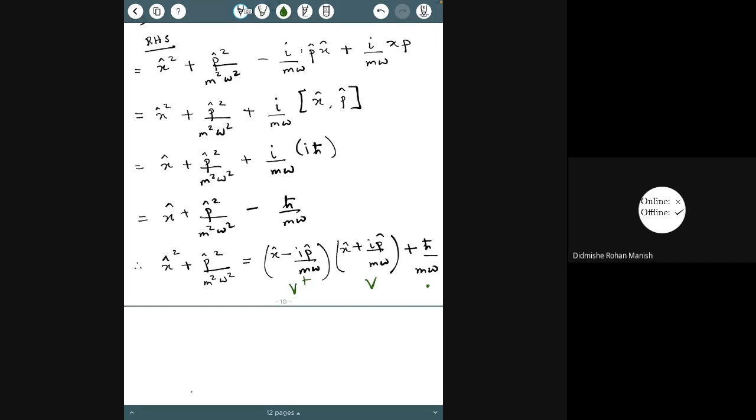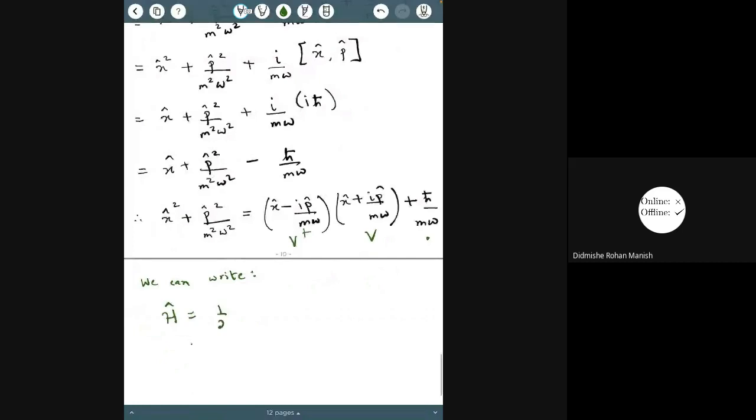But we can still write. We were not able to factorize it perfectly, but we can write our Hamiltonian now as half m omega squared V dagger V plus h cross omega.